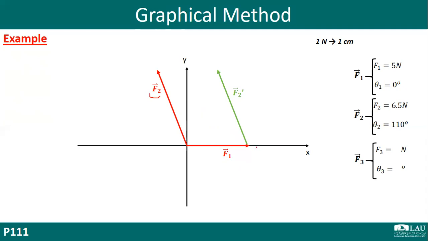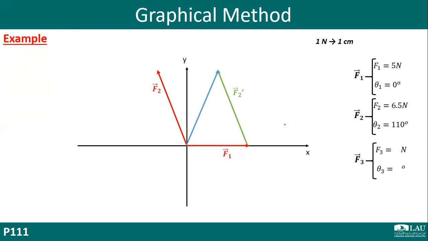From the head of F1, we draw a symmetrical vector of F2, called F2 prime. The resultant force in this case will be drawn from the tail of F1 to the head of F2 prime.